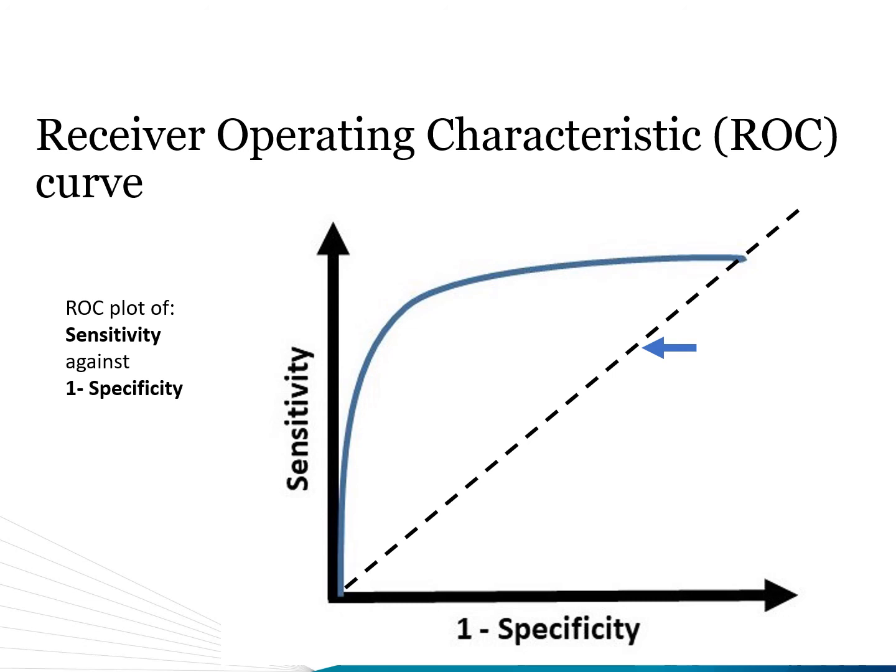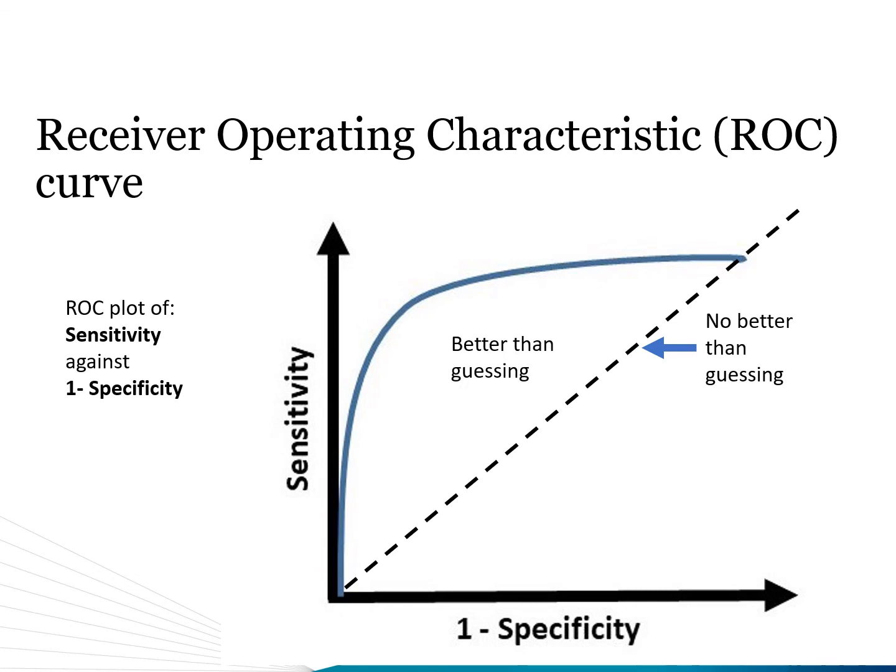One of the things we can do with the receiver operating characteristic curve is to have an imaginary line there, the dotted line at 45 degrees on the graph. And if the blue line, if the curve actually was at 45 degrees, we could work out that this is no better than guessing. Your test is no better than having a look at someone and guessing whether they're depressed or have bowel cancer.